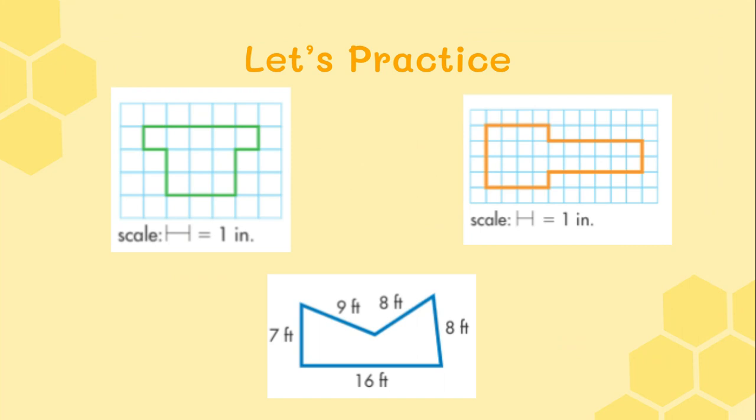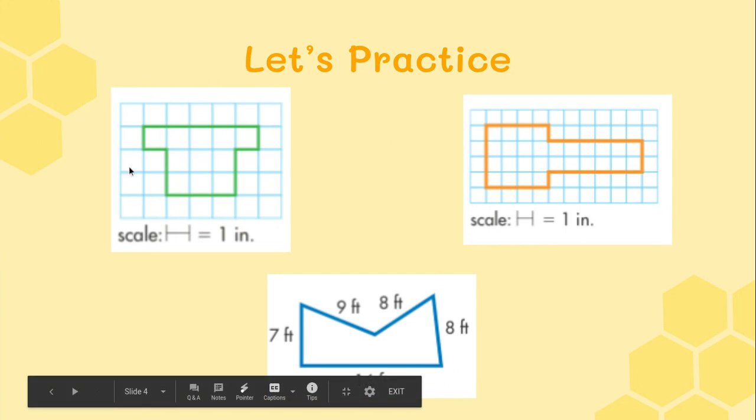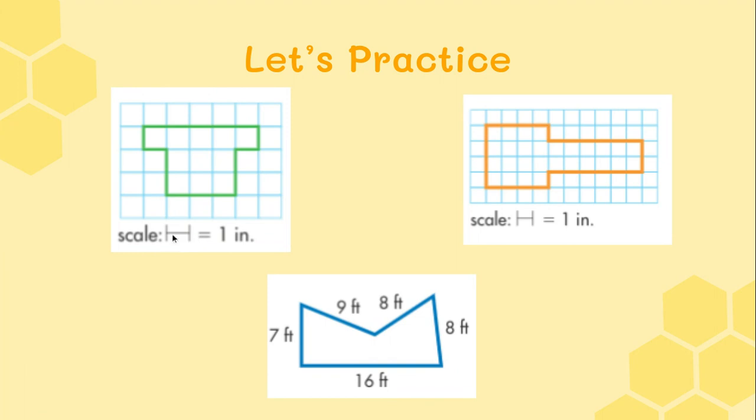D-O-G. Simple enough. Dog. Okay, so let's find the perimeter of this green shape right here. We have a scale that means one of these little squares is equal to 1 inch. Similar to the previous one that equaled 1 foot, this is equal to 1 inch. So I'm going to count all the way around. Remember, we are not counting inside the shape.